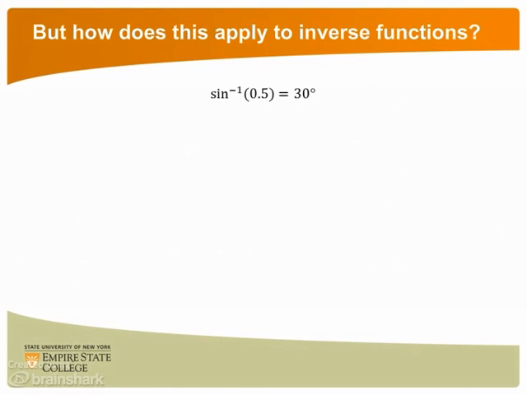Earlier, we said that the inverse sine of 0.5 is 30 degrees. We also recognized the periodic nature of sine. This meant that there would likely be other possible angles whose sine was positive 0.5. Recall that sine is also positive in the second quadrant.